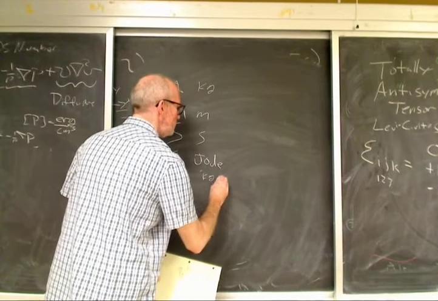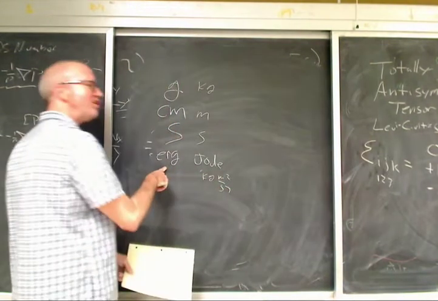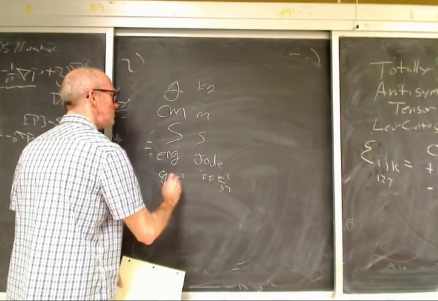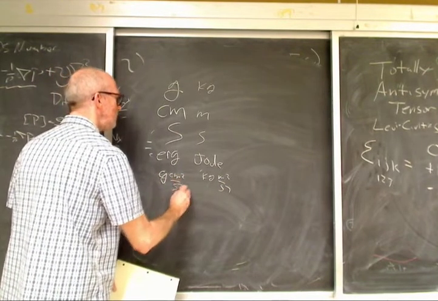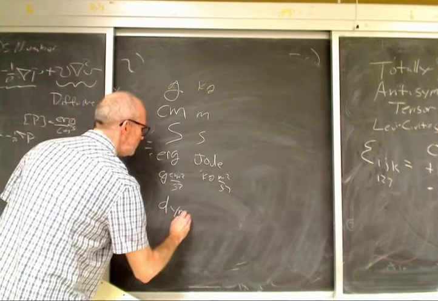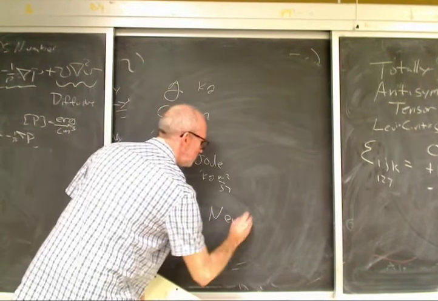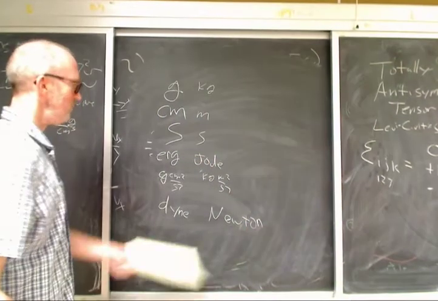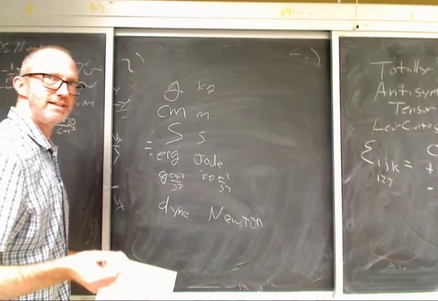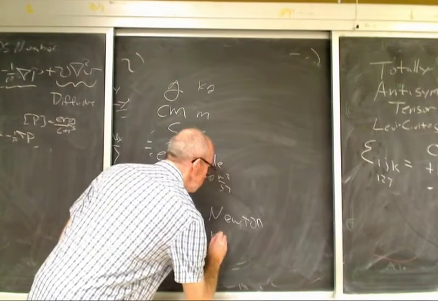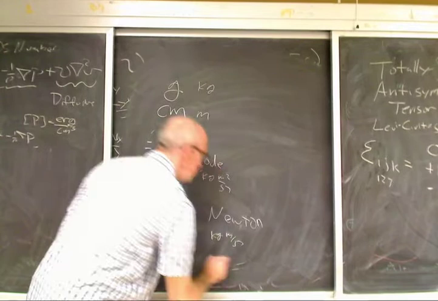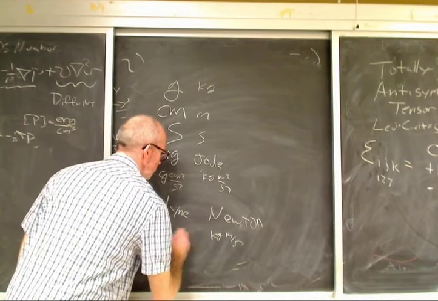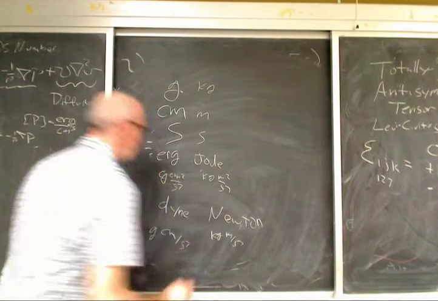This is a kilogram meters squared per second squared, so what's an erg? Gram centimeters squared per second squared. And what's a dyne? Dyne is equivalent to a Newton. And what's that? Kilogram meter per second squared. That's mass times acceleration, and this is the same thing: gram centimeter per second squared.